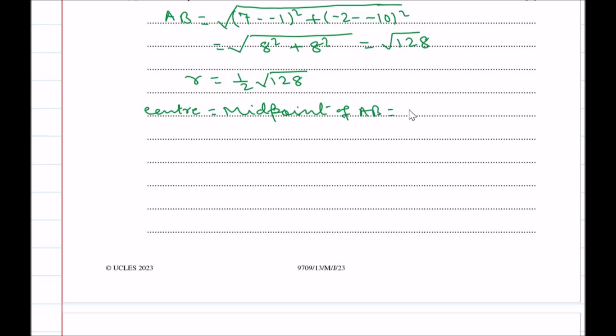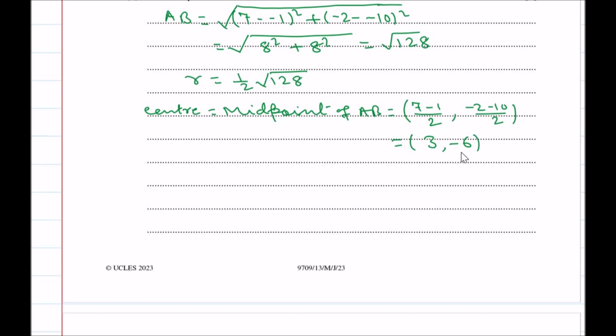And we know the midpoint formula: (x1 plus x2) divided by 2, so 7 minus 1 divided by 2; (y1 plus y2) divided by 2, so minus 2 minus 10 divided by 2. And that is giving us (3, minus 6).